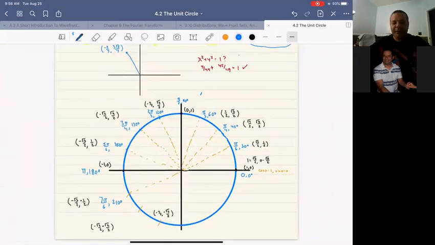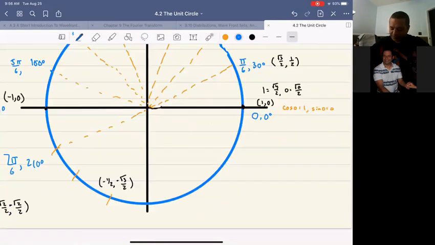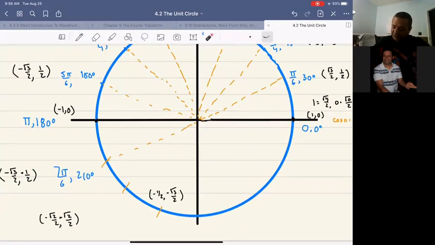Let me go ahead and write out what the angles are. So this angle is 180 plus 45. So that's going to be 225 degrees, or pi plus pi over 4 is 5 pi over 4.